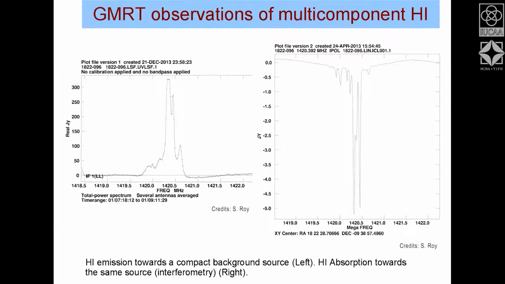This baseline length gives you effectively a resolution of lambda by d. Lambda is the wavelength, which is 20 centimeters or 0.2 meters, and d is the distance between the baselines. Using all the baselines, meaning the antenna to antenna joining components, we make an image of the source.